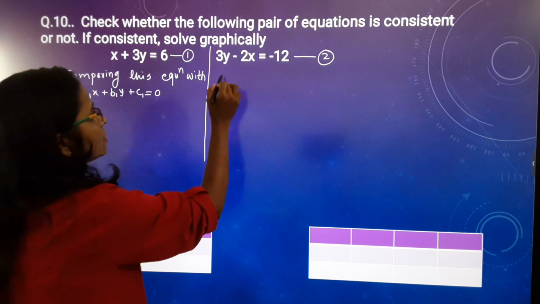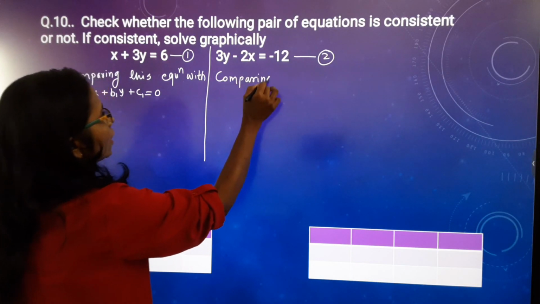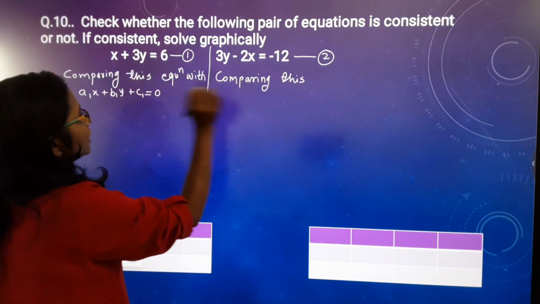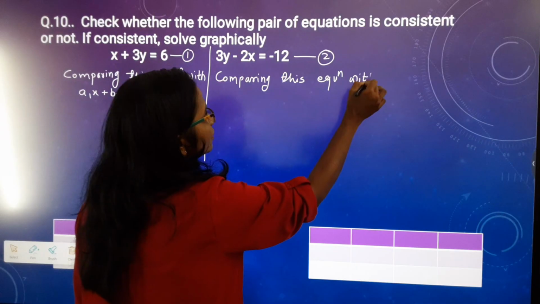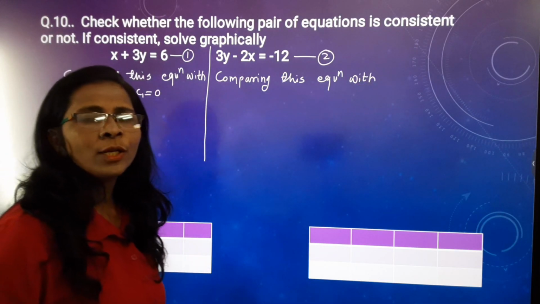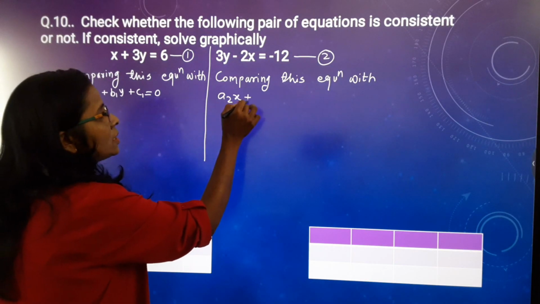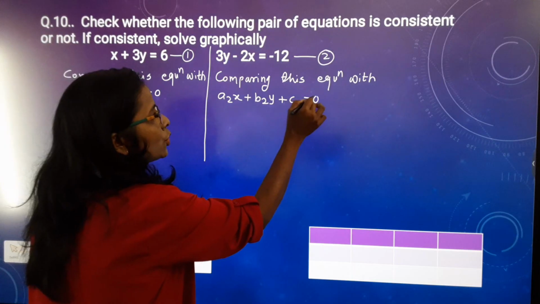And here students, comparing this equation with the general form a2x plus b2y plus c2 is equal to 0.